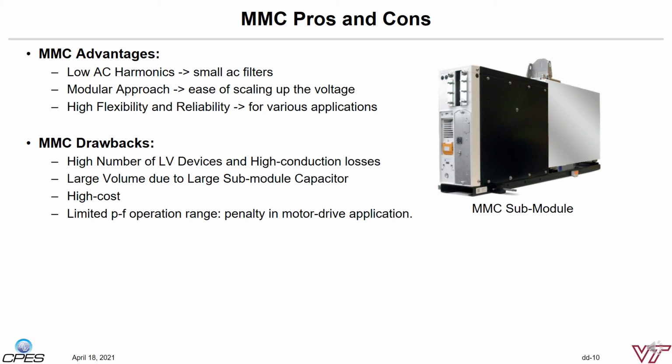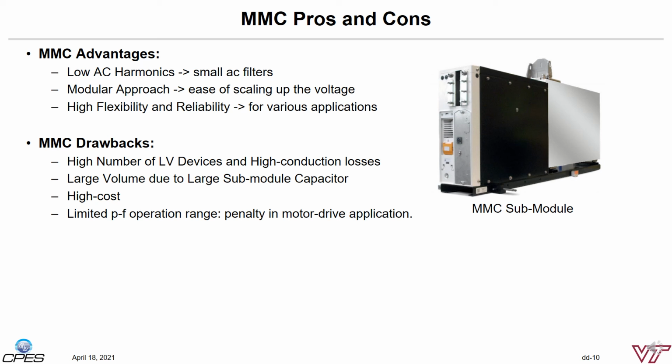However, on the other side, MMC is not perfect. It also has many disadvantages compared with the conventional multi-level converters. First, it needs a high number of low-voltage devices, leading to much higher conduction losses, which is a very critical aspect in HVDC application. If using full bridge submodules, the conduction loss will be even doubled. Second, each submodule is very bulky as a large capacitor is required to absorb the ripple energy.